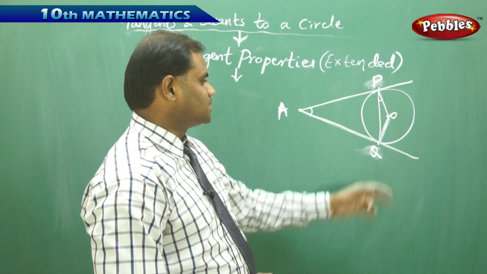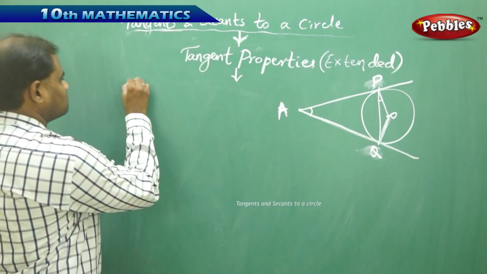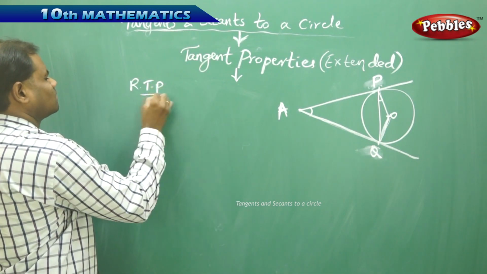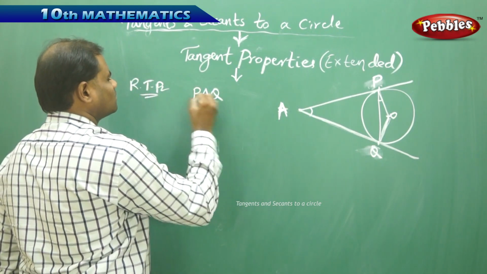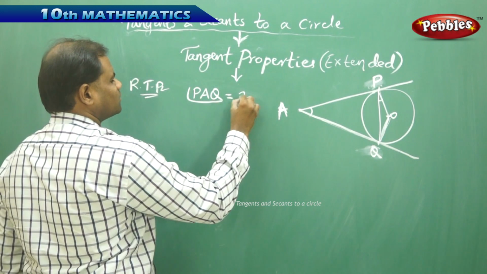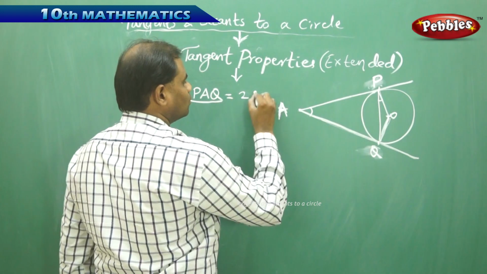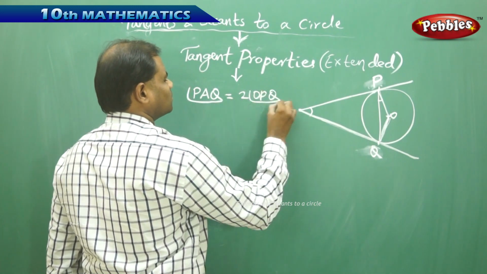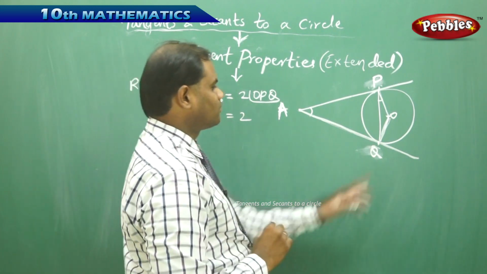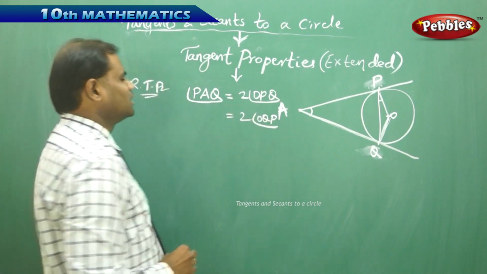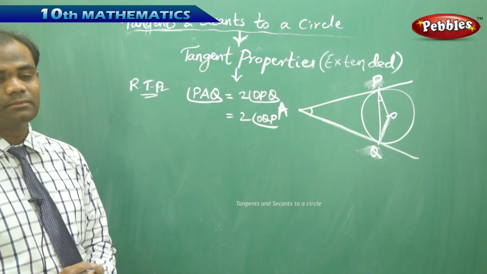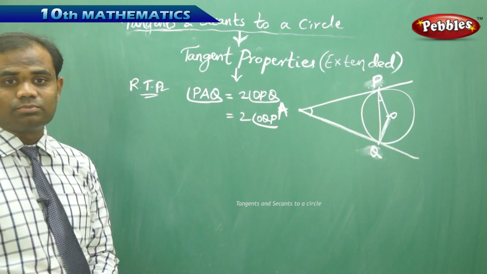So using the two tangents, let's see how I have to prove angle PAQ is twice of angle OPQ, or it is also twice of angle OQP, is what I need to prove using the diagram. So this is the required to prove part.